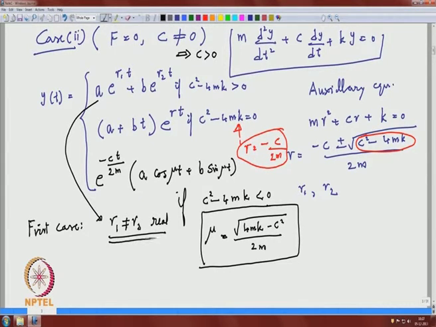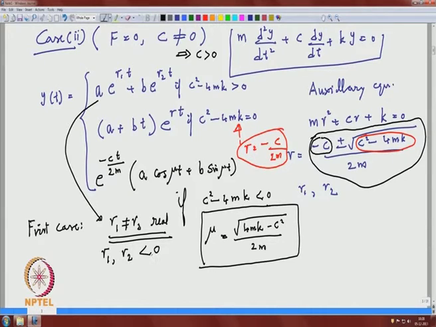In that case, you can analyze this equation. c square minus 4mk is positive and hence its square root will be smaller than c, so it will retain the sign of c. That means in this case R1 and R2 are negative. Both are minus, even if you take a plus it will be a quantity less than c in absolute value, and hence this will retain the sign.